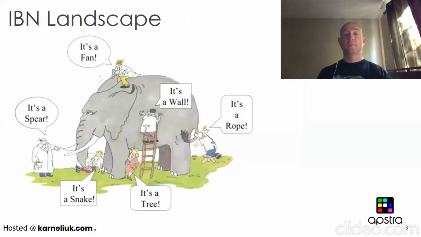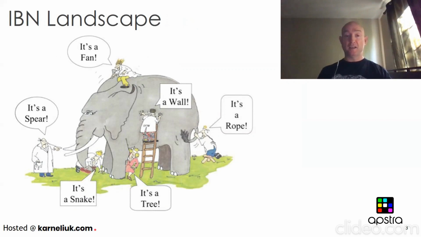So when I was discussing the preparation of the session, I was asking the same question. What is IBN about? How can you describe how this picture is related to IBN? IBN is a reasonably large topic, and in order to understand its complexity, we need to take a holistic view of what we are trying to achieve.